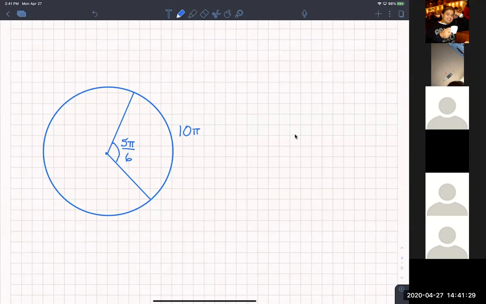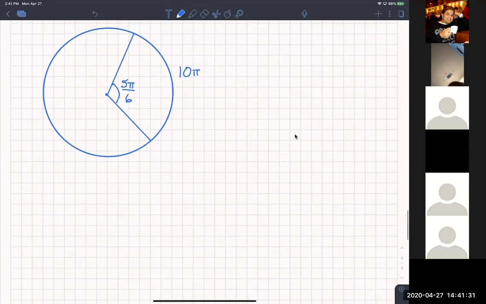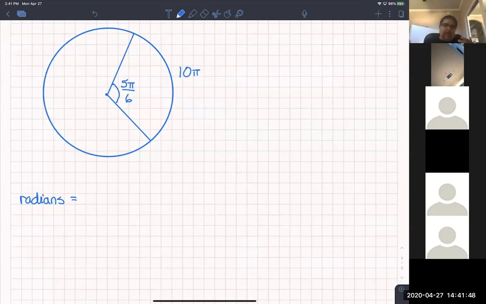Okay. So first of all, let's talk about what radians are. Radians are basically another way to measure an angle or curvature. One way we can measure angles or the curvature of an arc is in degrees. The other way is radians. The conversion factor is pi over 180.